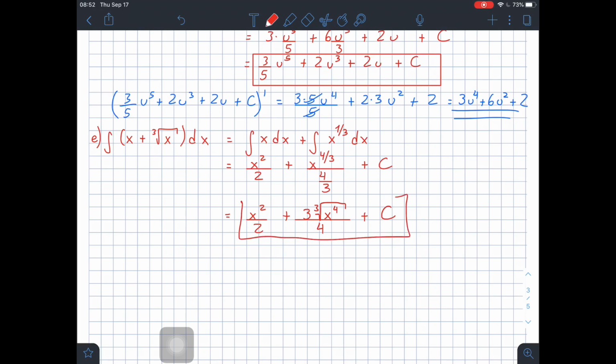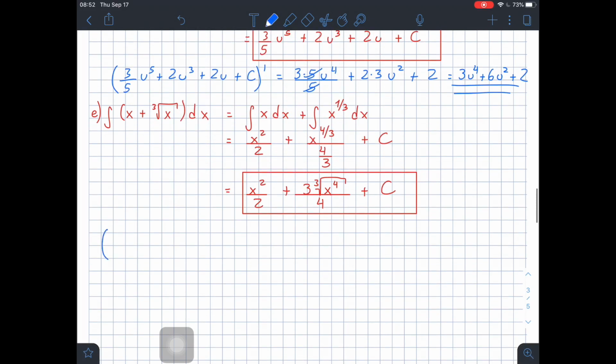Let's see by finding the derivative if this is correct, okay? So if I find the derivative of all of that expression, x squared over 2 plus 3, I'm going to rewrite this as x to the power of 4/3 divided by 4 plus c.